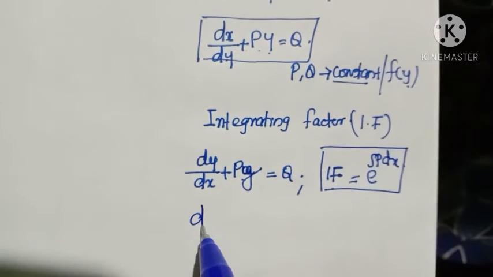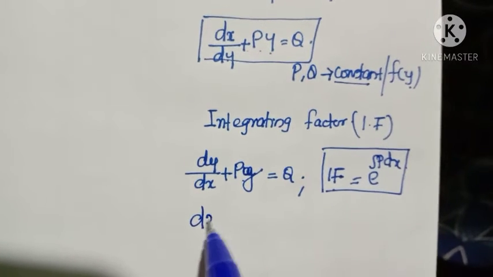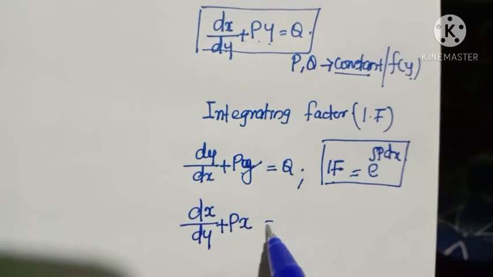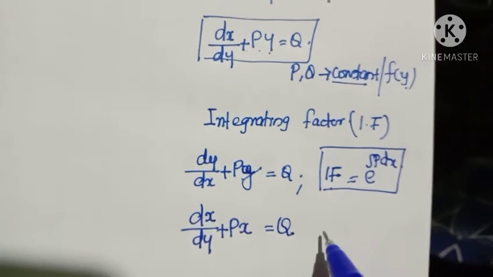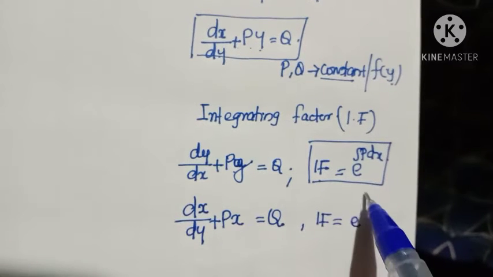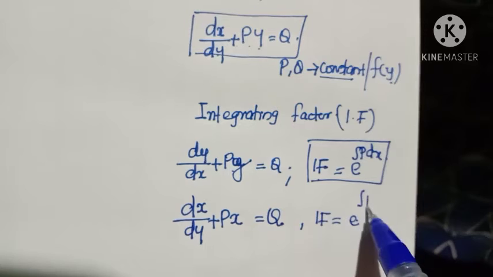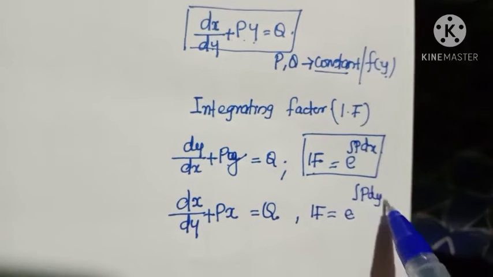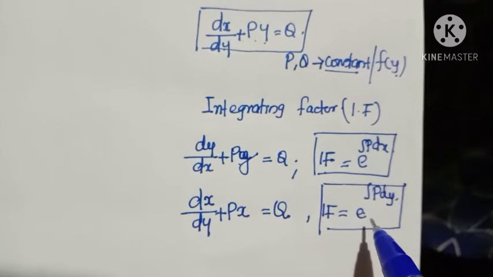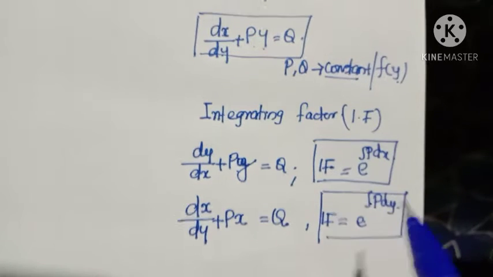In the form dx by dy plus px is equal to q, the integrating factor is e raised to integral p dy.